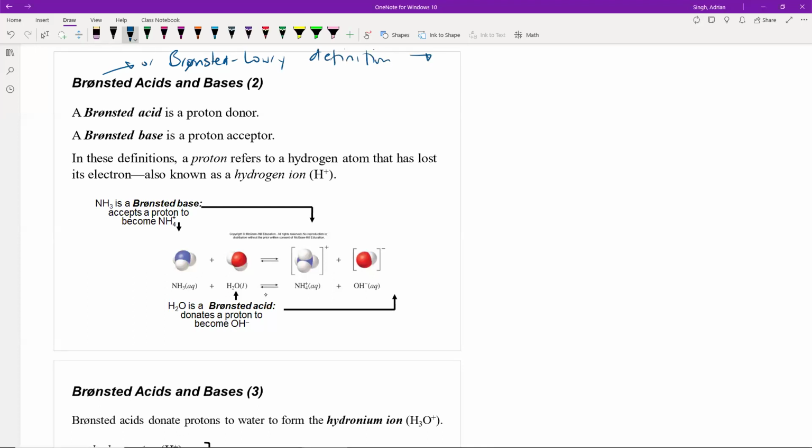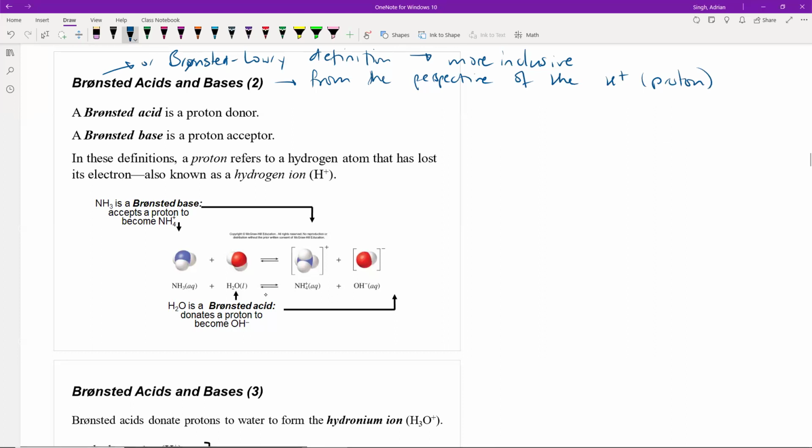And this tends to be a little bit more inclusive in that it does address a lot more acids and bases than the Arrhenius definition does. So the Bronsted-Lowry definition looks at acids and bases strictly from the perspective of the H plus, the hydrogen ion, which is a proton.